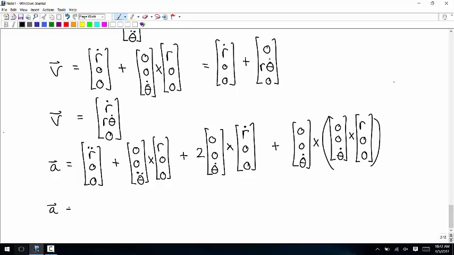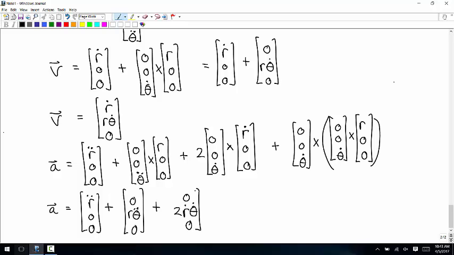And so the acceleration is r dot 0 0 plus 0 r theta double dot 0 plus 0 2 r dot theta dot 0 plus 0 0 theta dot crossed with, this one is 0 r theta dot 0.